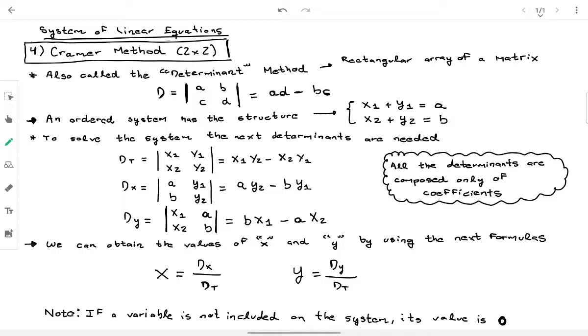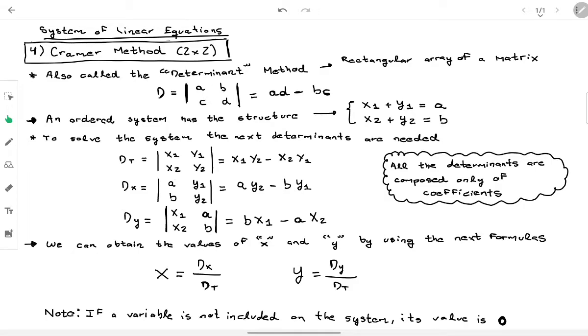I know that we haven't seen much linear algebra, but I will explain only what you need in order to solve these kinds of exercises. The determinant will have an array like this. It's going to be only values here, a, b, c, and d. They are numerical values, coefficients.